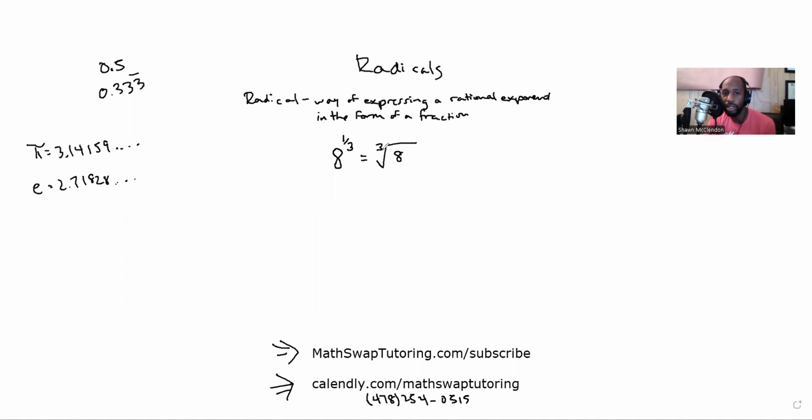So 8 to the 1/3 power is the same thing as 8 to the first power, though you're not necessarily going to keep that there, so I don't have it, and you're taking the third root of it. We know that the cube root of 8 is a number that, if we multiply it times itself 3 times, will give you 8. So it's 2. 2 times 2 times 2 is 8.